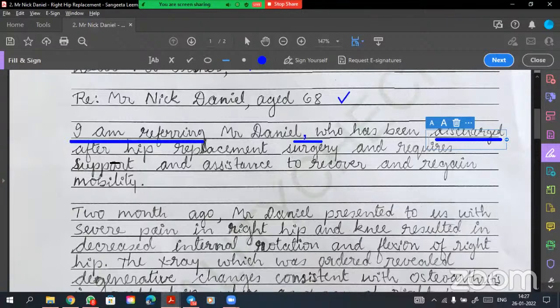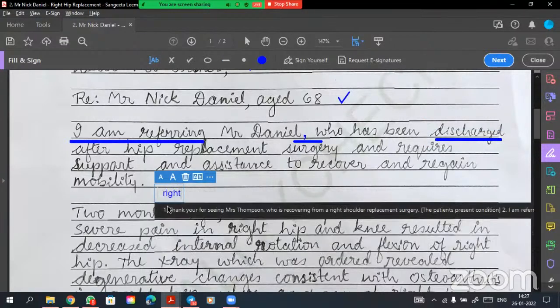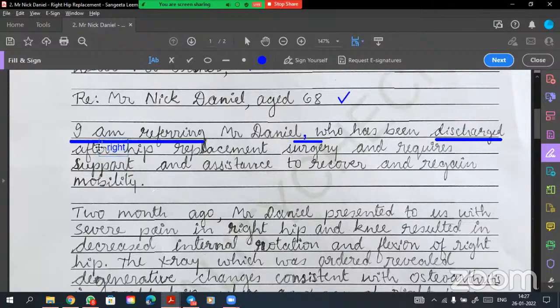Which hip replacement? Right hip replacement. We don't know whether it is total or not. It is not clear. So who has been recuperating from right hip replacement surgery.